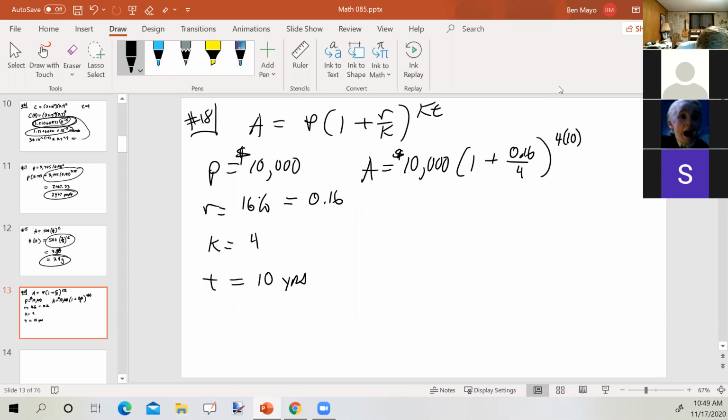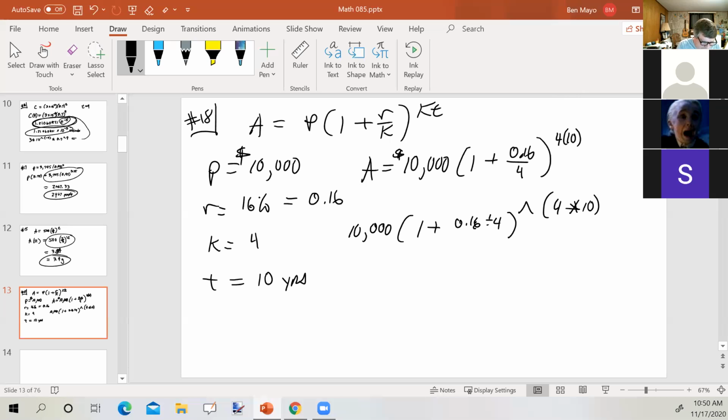I'm going to put in 10,000 parentheses 1 plus 0.16 divided by 4, close parentheses, then the little caret for the power, parentheses 4 times 10, close parentheses, okay? So if I put that in like that, I can do it all at once without simplifying anything else further.